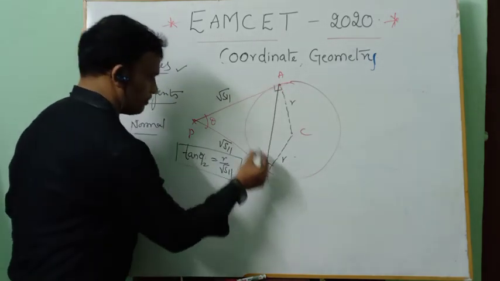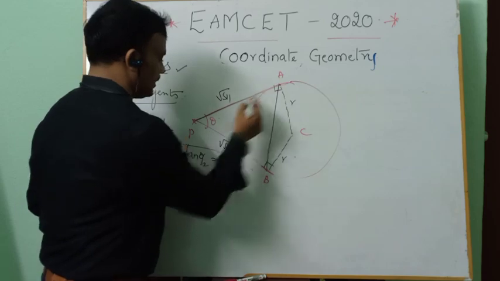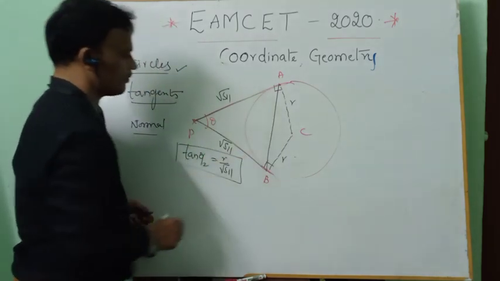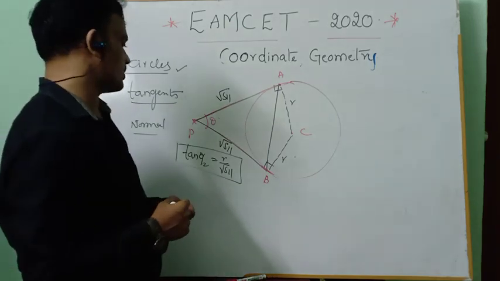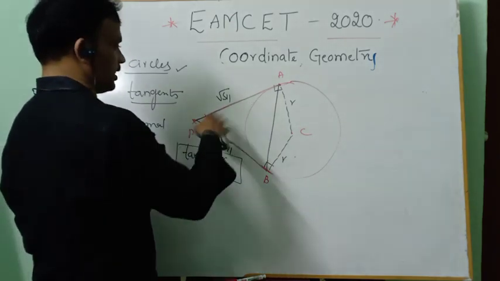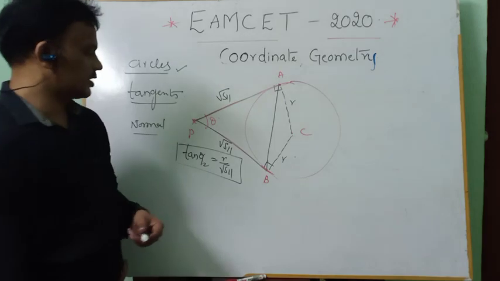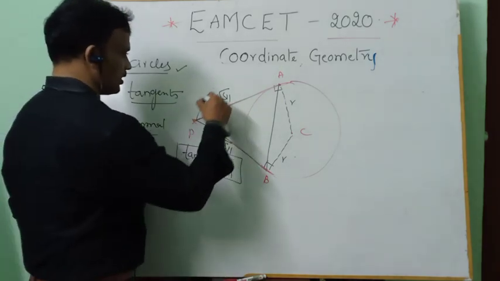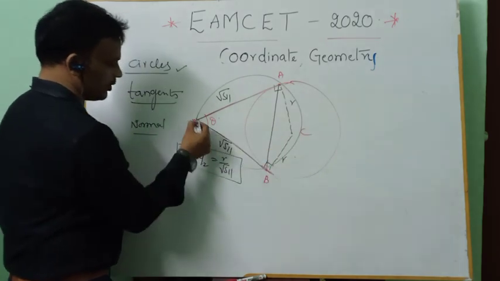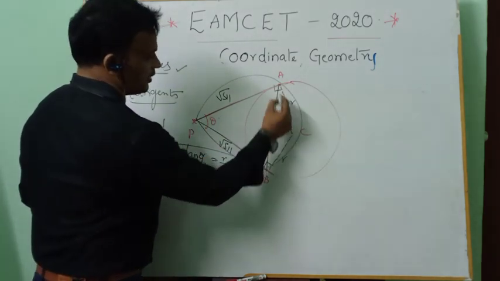Please observe the triangle PAB. Where does the circumcenter lie for the triangle PAB? If you draw the circumcircle for the triangle PAB, it must pass through the center of the given circle.